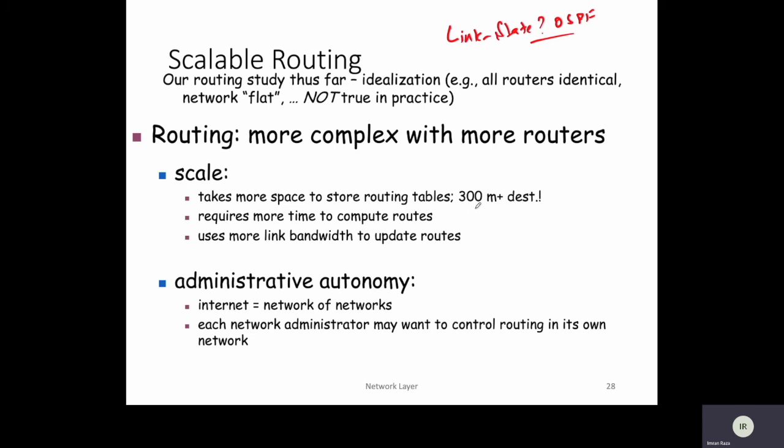So this means my router has to have a huge space where I can store 300 million plus entries in one table. And think about the searching time required in a table having 300 million plus destination entries. Does it seem feasible to you? No, it does not.